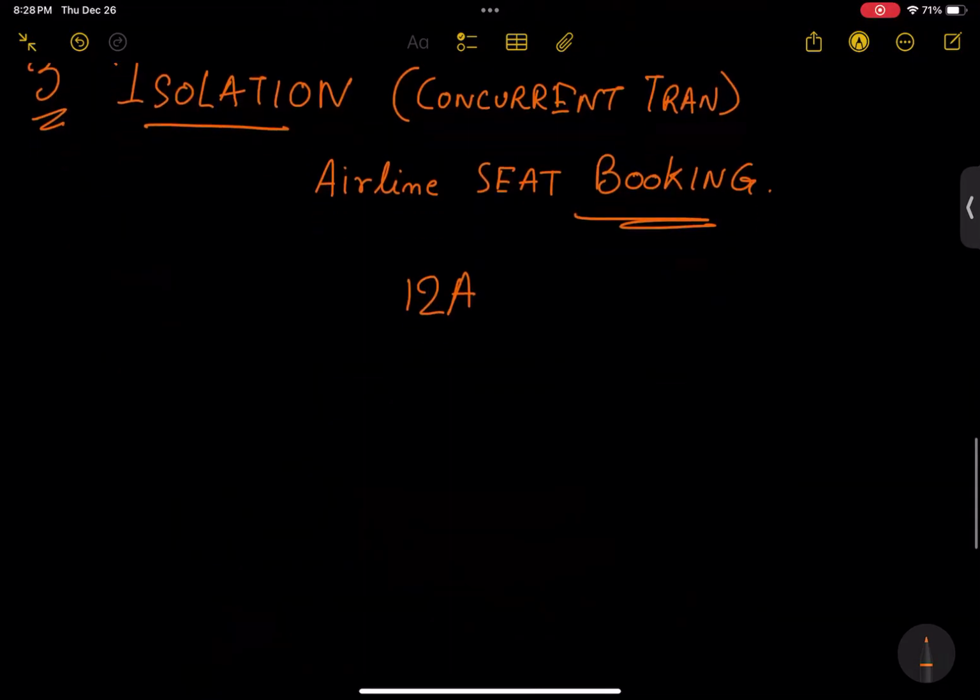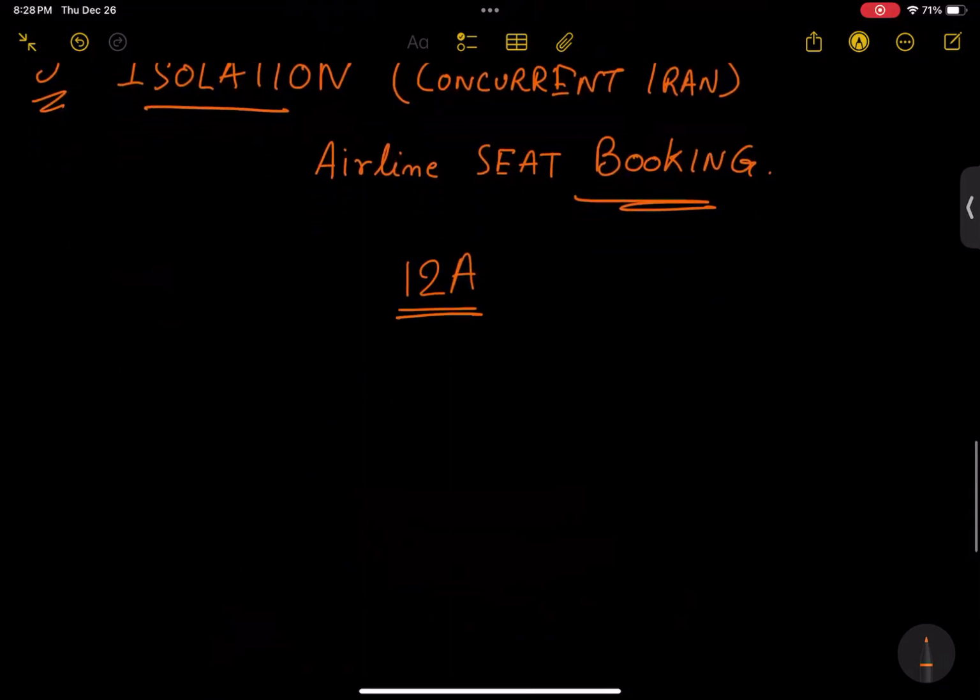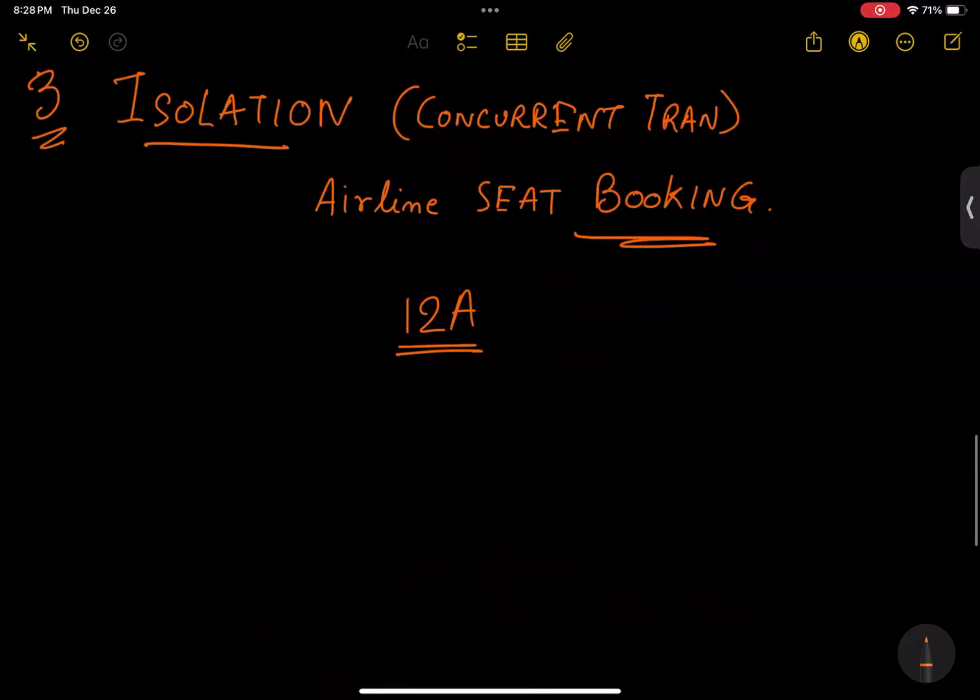Now Partho wants to book that 12A seat, and Abhinandan also wants to book that 12A seat, right? What will happen? Both of you are actually trying to achieve what? To book the same seat. That means we are trying to occupy 12A.